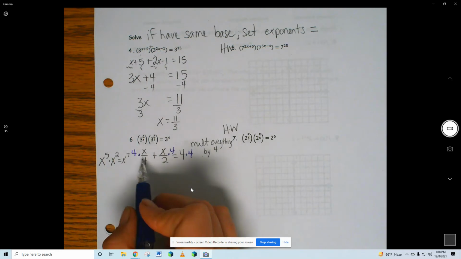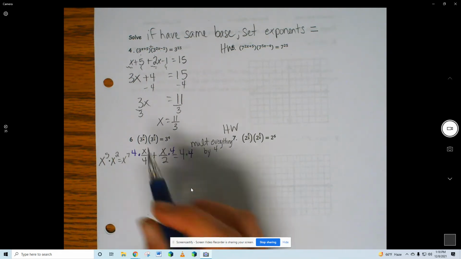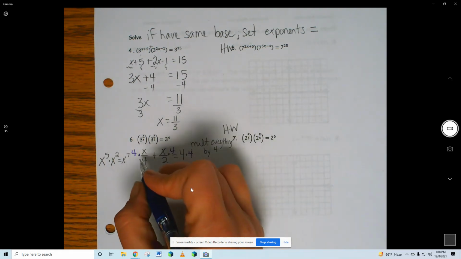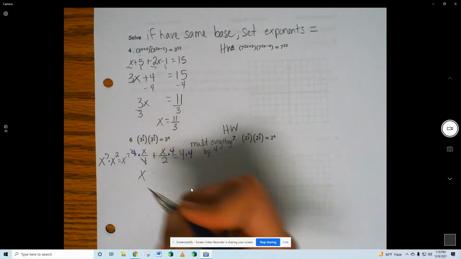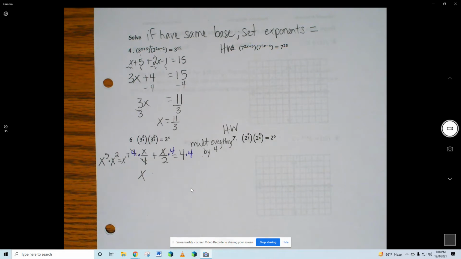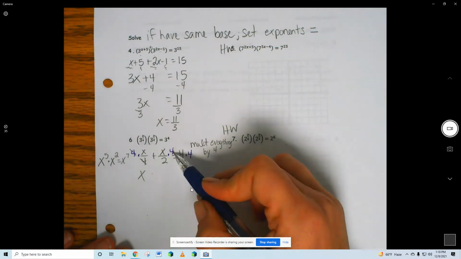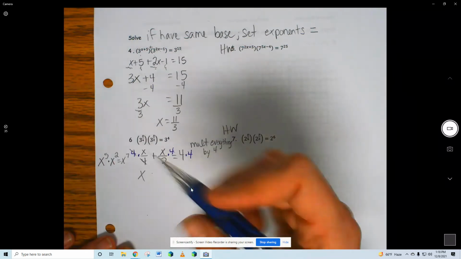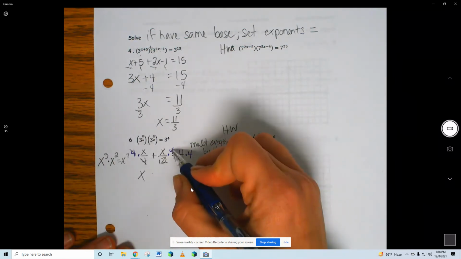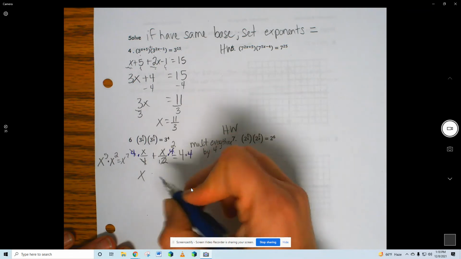Remember cross canceling? Some of you actually told me that you didn't like cross canceling. Where I can say, oh, the 4s cancel. All I have left is an x. Do you remember this? And then on this one, 2 divided by 4. 2 goes into itself once. 2 goes into 4 twice.